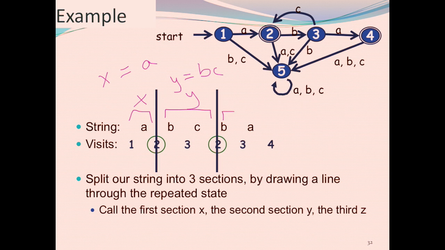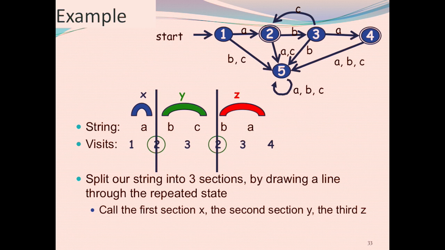And I'm going to call everything after the second line Z. So in this case, Z is just going to be BA. So there it is, a little bit neater. X is just the string A, Y is the string BC, and Z is the string BA.